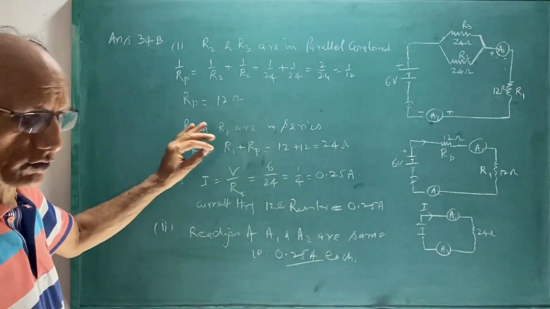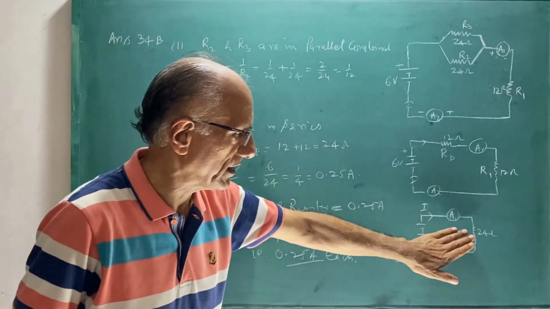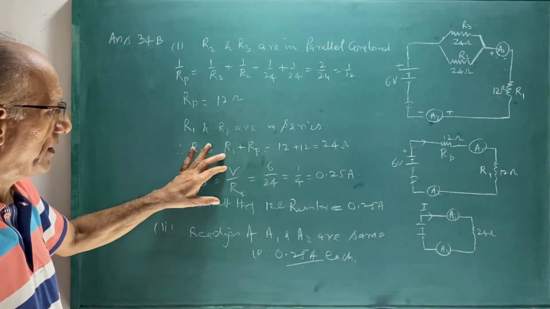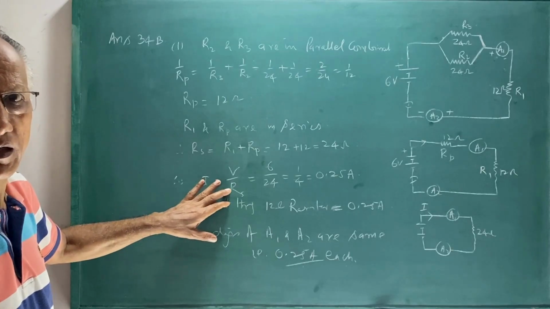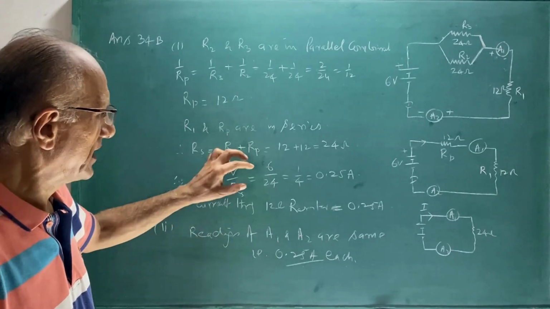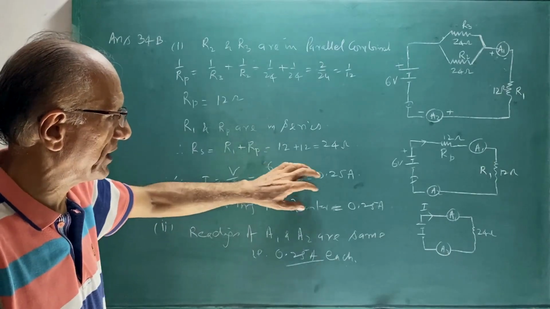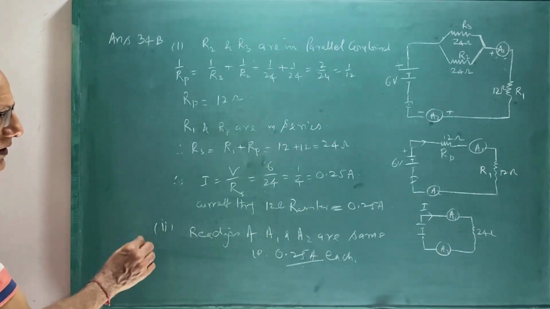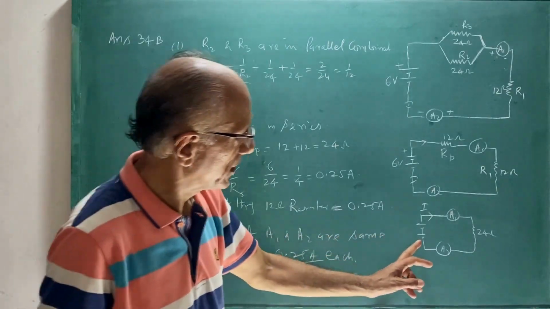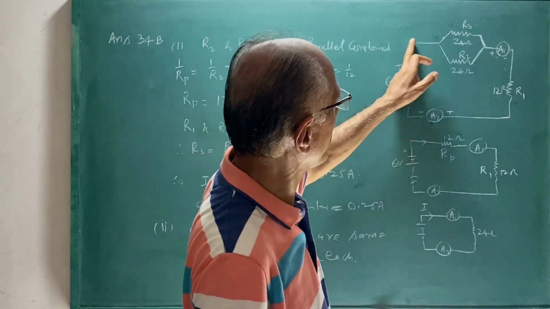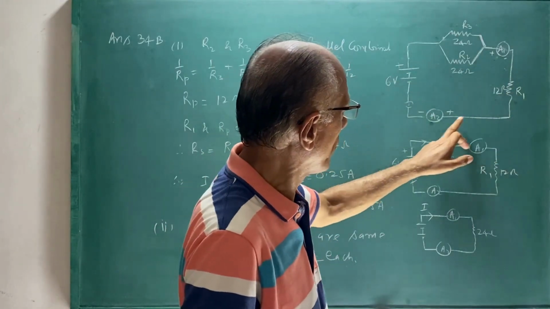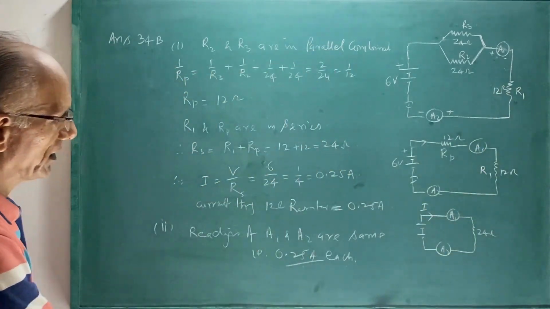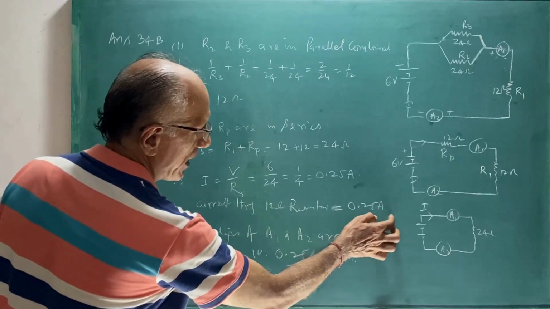This is the total resistance of the circuit, and now the current will be V by total resistance, that is 6 by 24, that is 1 by 4, that is 0.25 ampere. That means the current through the circuit remains 0.25 ampere, and through the 12 ohm resistor it is 0.25 ampere.